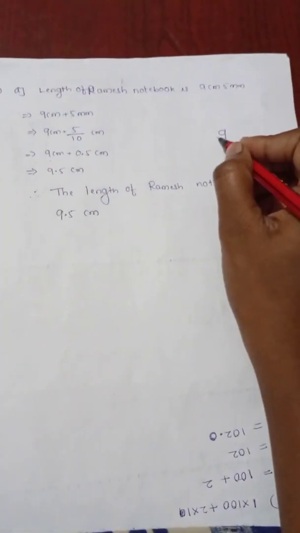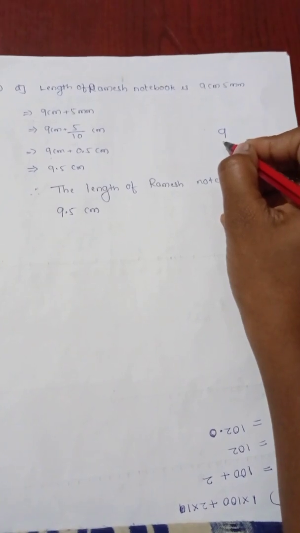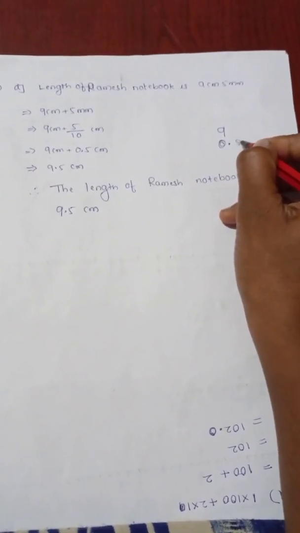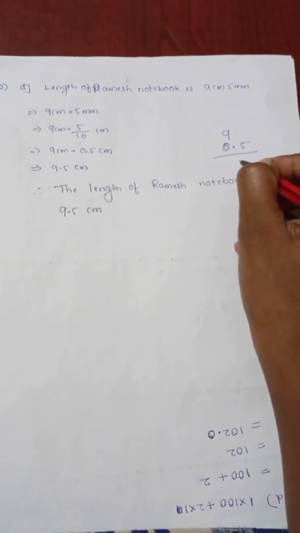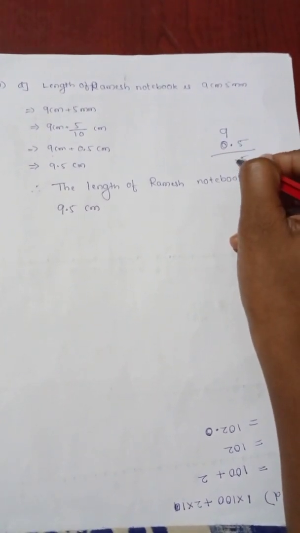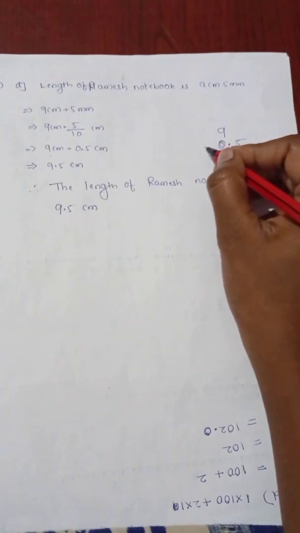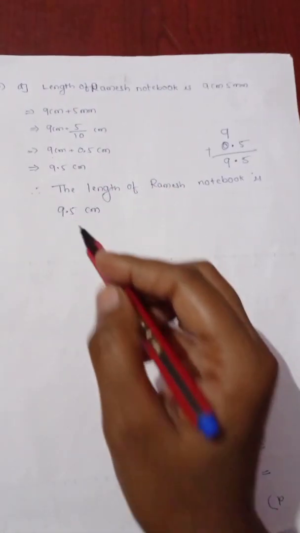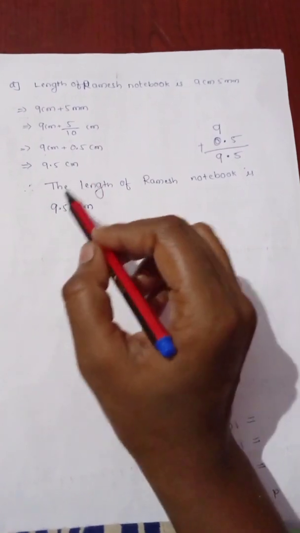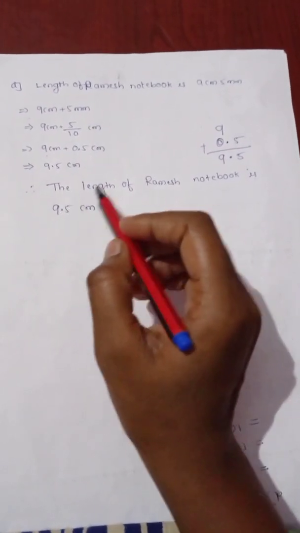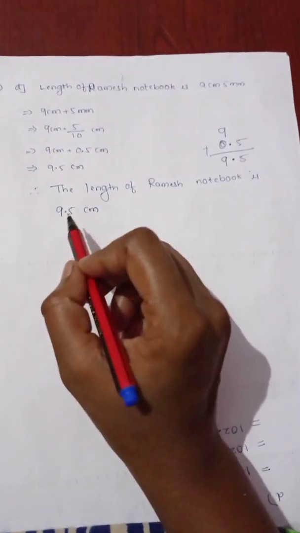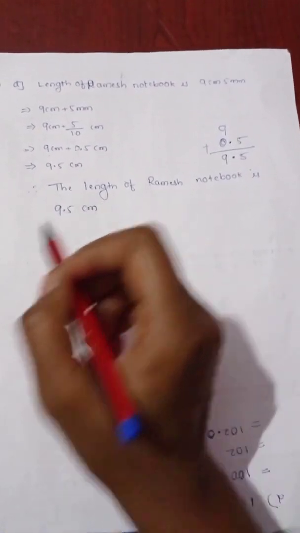Ones. So below 9, I'll write 0, decimal point 5. So I'll write 5 as it is, decimal point, 9 plus 0 will be 9. Okay. So 9.5 centimeter. Therefore, the length of Ramesh's notebook is 9.5 centimeter.